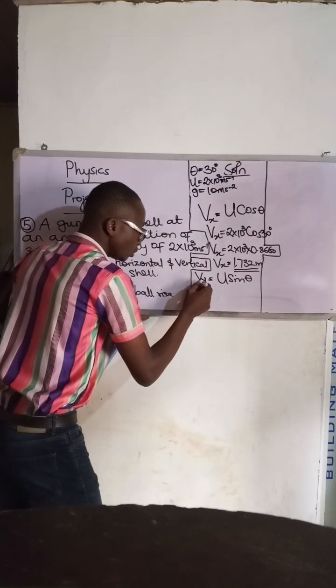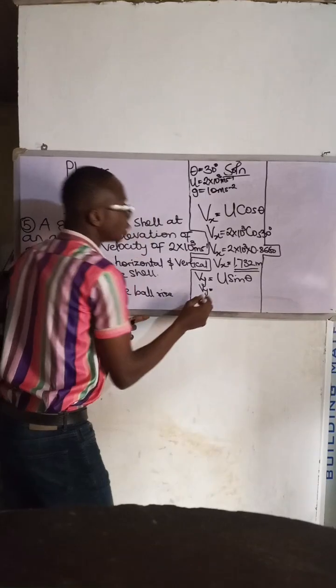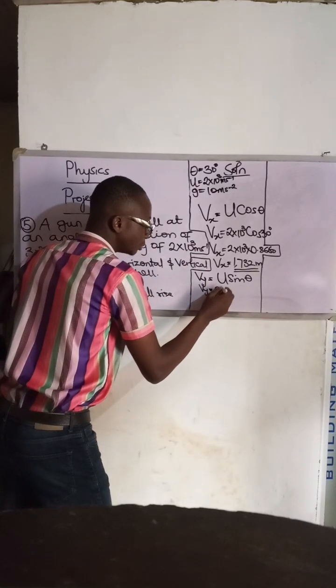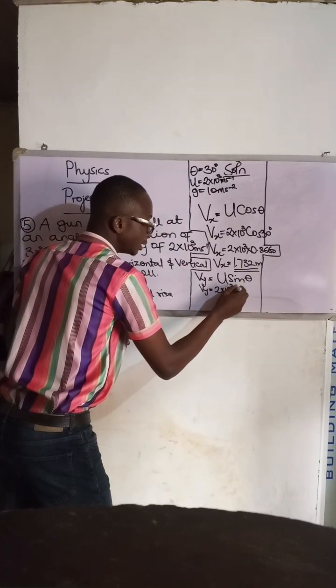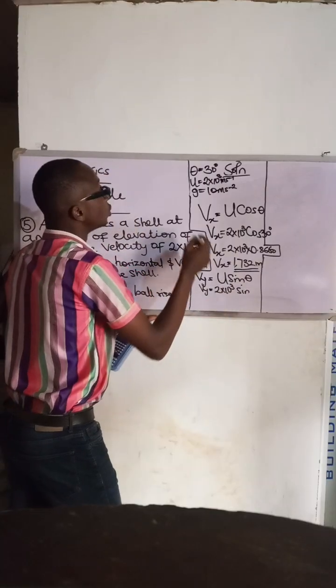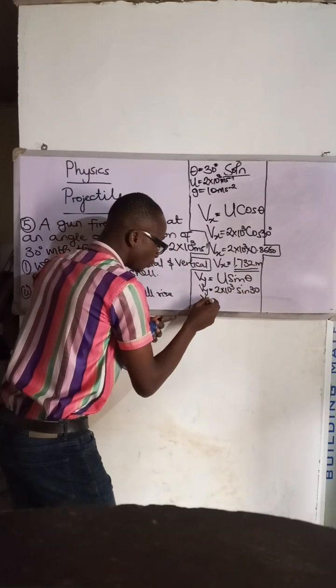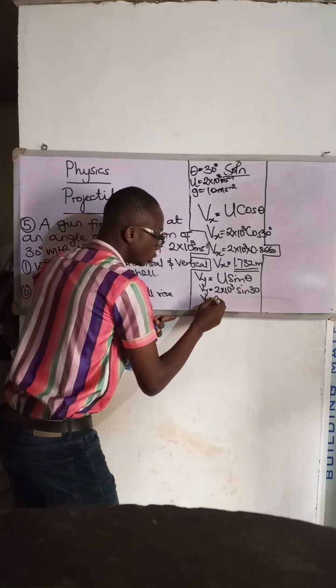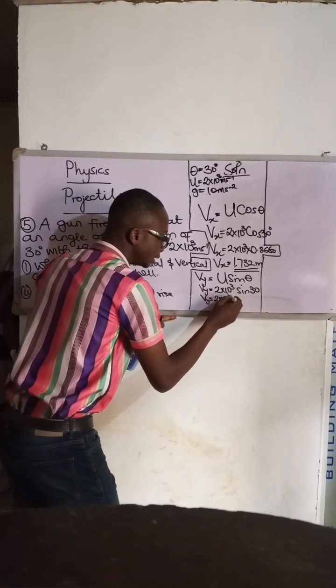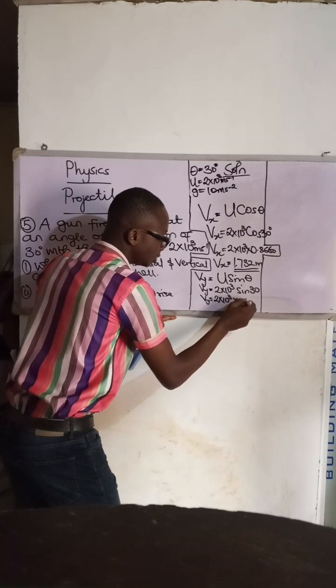Now, V of y is equal to, what is u? 2 times 10 to the power 3 sine theta, and theta is 30. So we have V of y is equal to 2 times 10 raised to the power 3 times sine 30, which is 0.5.